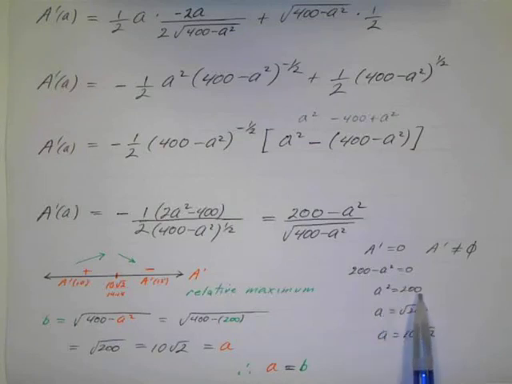A squared equals 200. So instead of a squared, I can just put 200. 400 minus 200 is 200, and the square root of 200 is also 10 times the square root of 2, so that's a. So B equals this, and A also equals that, so A equals B. So we showed when the area is the maximum, A equals B.